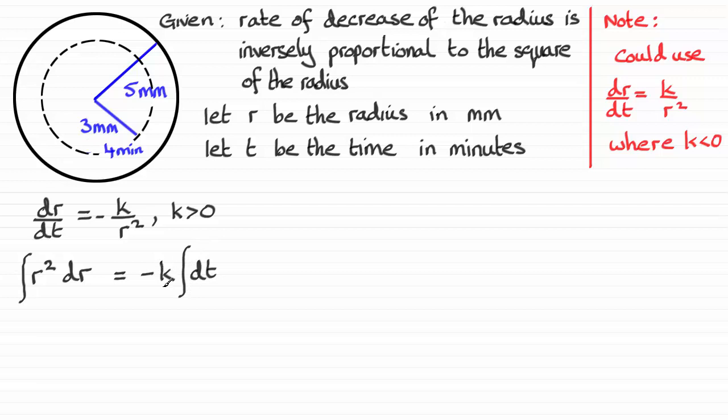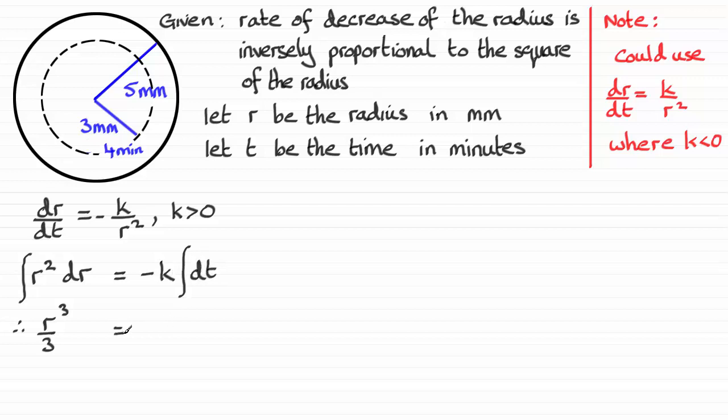it's better really to put the integral after the constant here. Now if we integrate this left hand side with respect to r, just add 1 to the power, that's r to the power 3, and divide by the power. Simple integration there. And if I integrate minus k with respect to t, I'm just going to get minus kt.